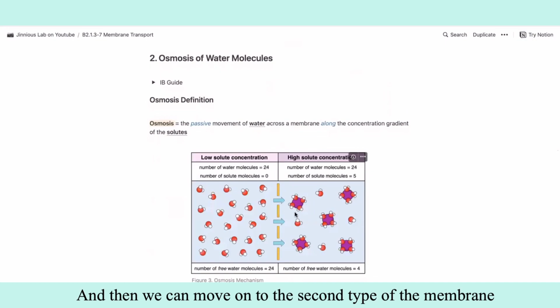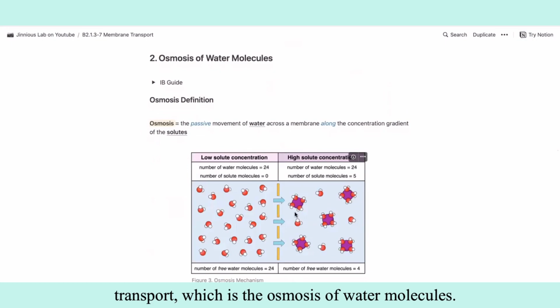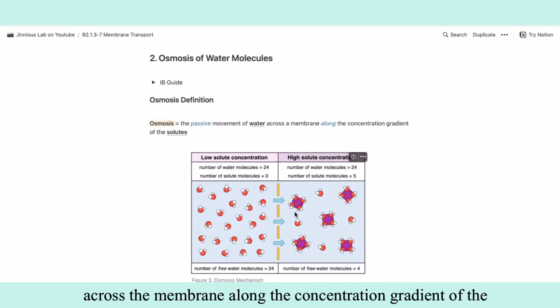And then we can move on to the second type of the membrane transport, which is the osmosis of water molecules. So osmosis can be defined as the passive movement of water across the membrane along the concentration gradient of the solutes.